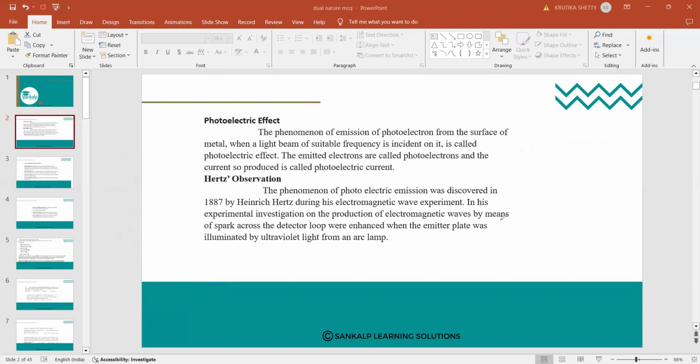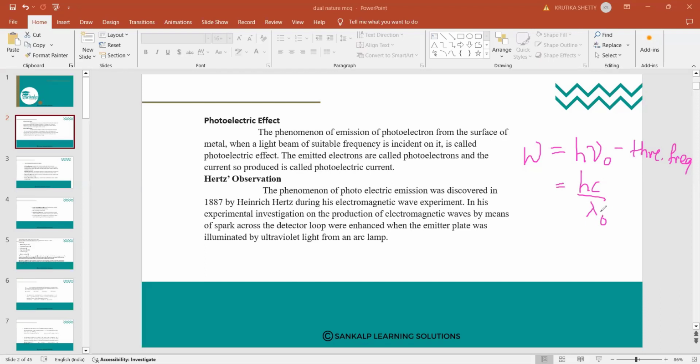Okay, one formula you take down for the work function. The work function is denoted by the letter W. It is given by h nu naught, where nu naught is the threshold frequency, and it is also written as hc divided by lambda naught. h is Planck's constant, c is the velocity of light in the vacuum, lambda naught is the threshold wavelength.